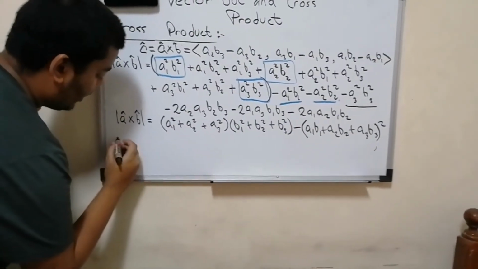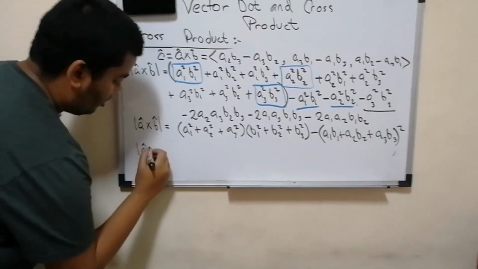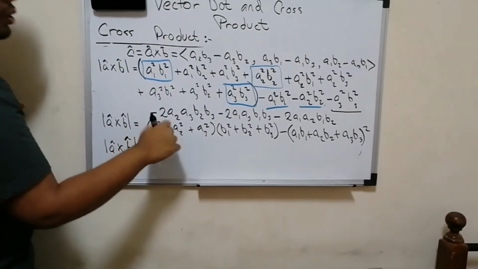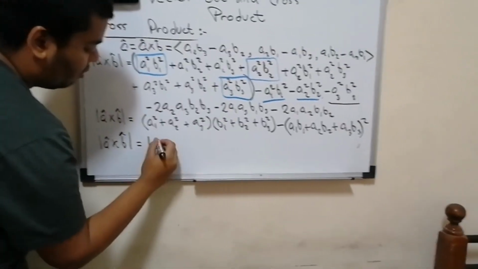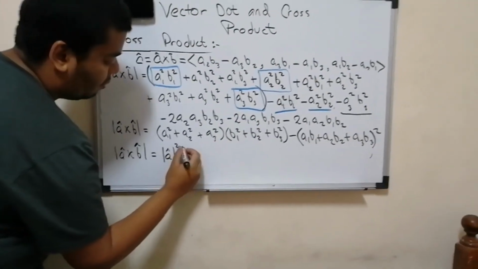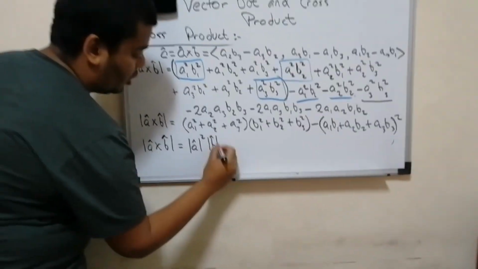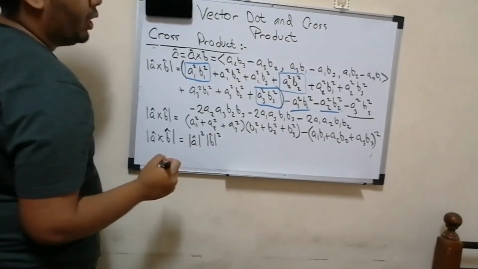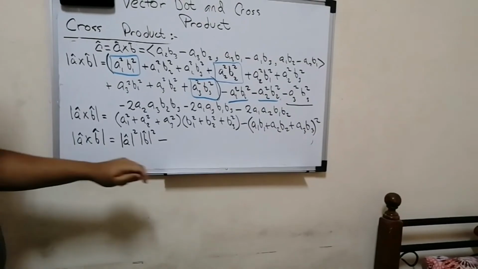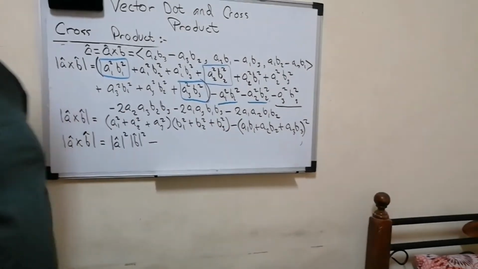We can write this as, the interesting thing about this is actually the magnitude of a squared into the magnitude of b squared, minus the dot product squared.